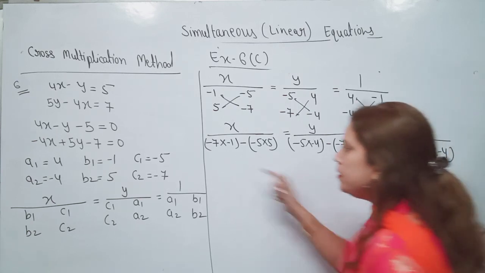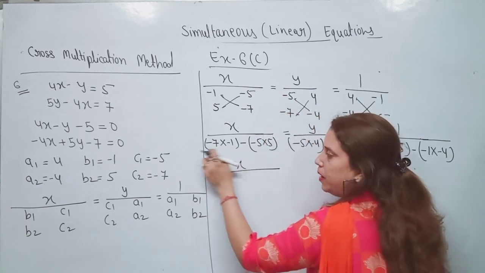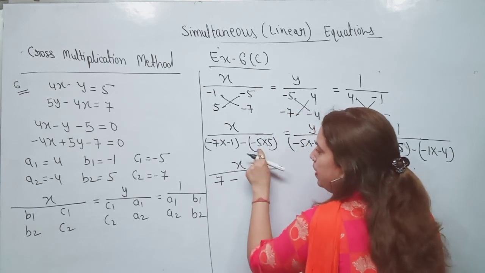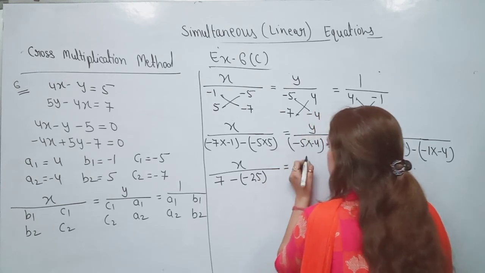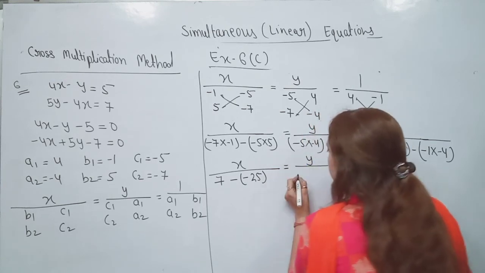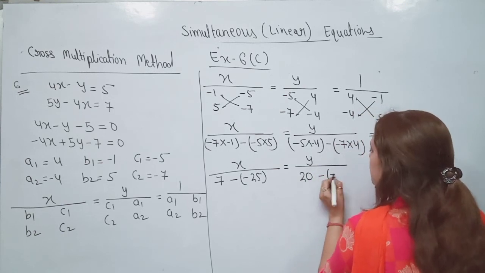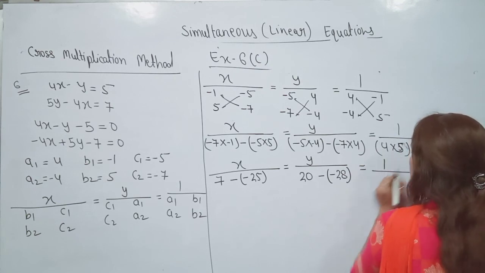Okay beta? Now solve it. X upon minus 7 into minus 1, plus 7, minus 5 into 5, minus 25, is equal to y upon plus 20, minus 7 into 4, minus 28.